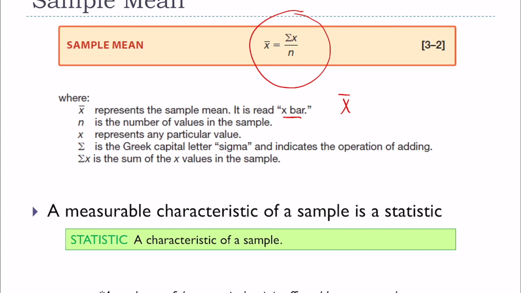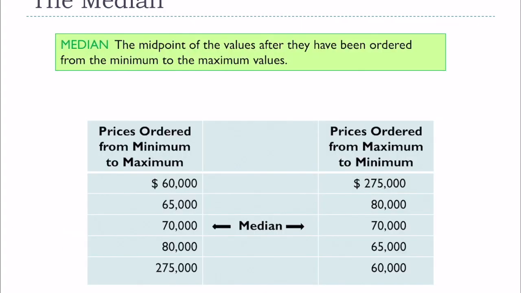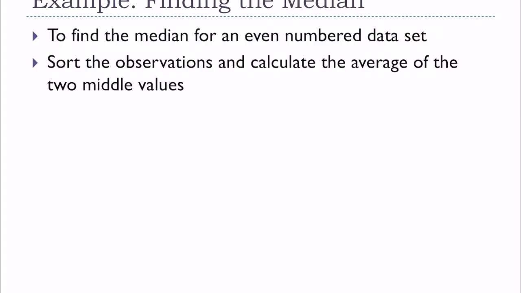That's the only difference between this and a population mean. I just wanted you to see that the lettering is different, but we calculate it the same way. And there's an example. Again, the median is the midpoint. You first rank your values from minimum to maximum, and then the median is the value in the middle.